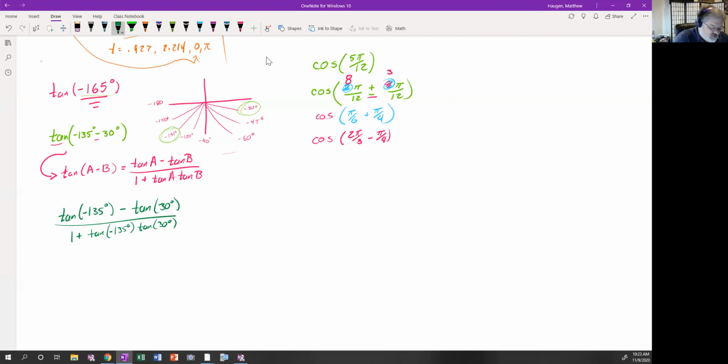So then we just have to figure out what those are. The tangent of negative 135 degrees is in quadrant 3 and has that kind of 45 degree reference angle. Tangent is positive in quadrant 3, so that's just going to turn into a nice 1.